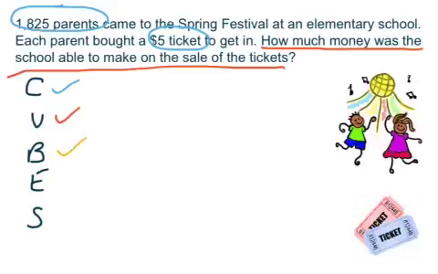For B, we box the math action words, the ones that help us make a decision. So, here, I really like this part, where it tells me that each parent bought a $5 ticket to get in. The fact that each parent bought a $5 ticket kind of makes me think about a specific math operation already.